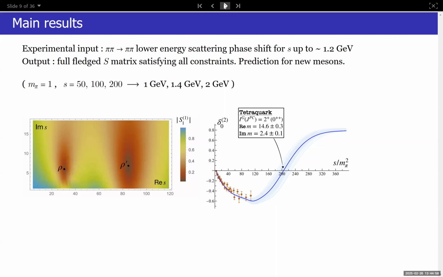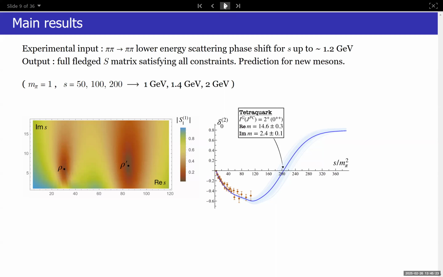So we look at the S matrix and go to the complex plane to actually find the zero. So that's the location of this meson, the imaginary part and the real part of the mass. Therefore, the conclusion is out of this computation, it seems like we find a new meson. It's not in the Particle Data Group.